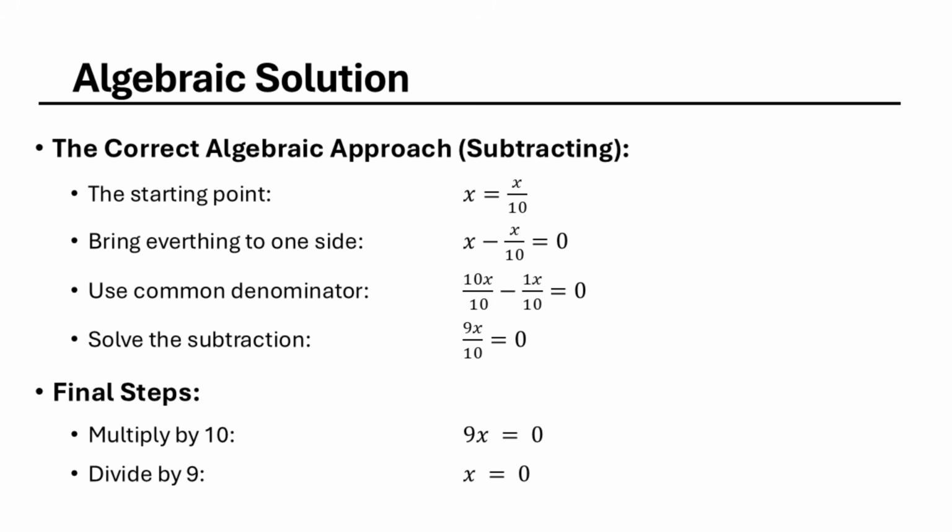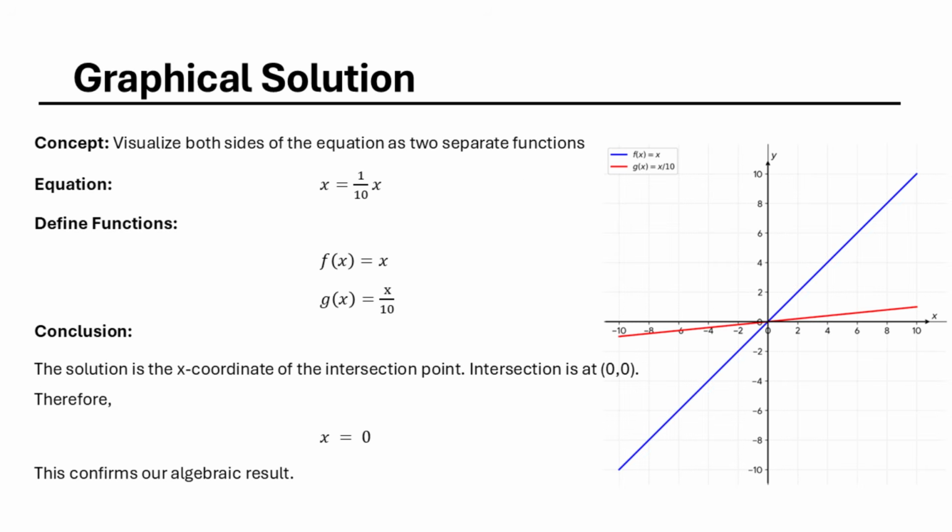To really cement this understanding, let's look at the problem from a different perspective, a graphical one. We can visualize any equation with two expressions by setting each side of the equation equal to a function and plotting them. Our original equation was x equals x over 10, which we can also write as x equals 1/10 of x. Let's define two functions.